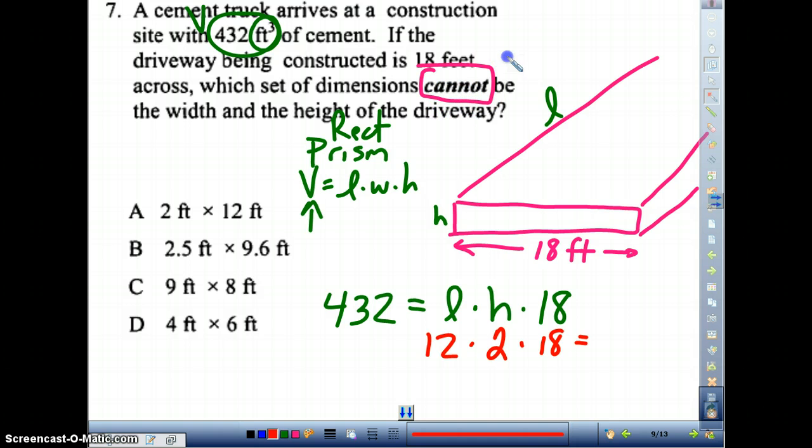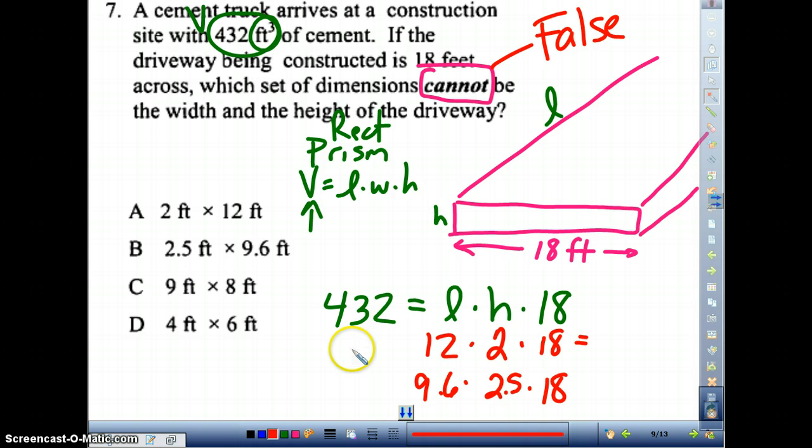So you're looking for the one that is false, that does not give you 432. The next one you're going to try is 18 times a height of 2.5 times a length of 9.6. If that does equal 432, that's not the answer. You're looking for the one that does not give you this volume. Okay? Good question.